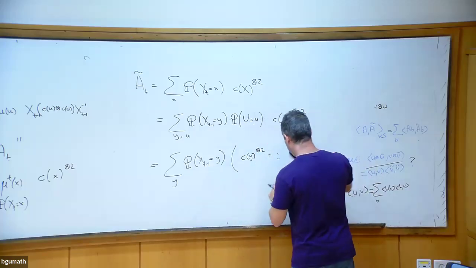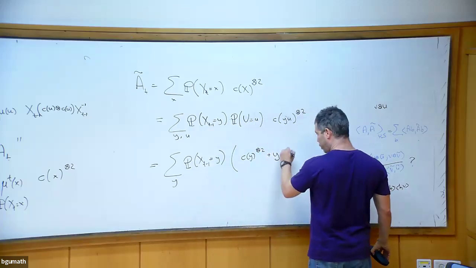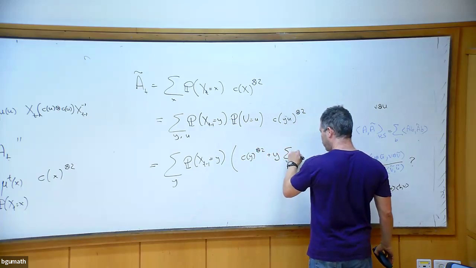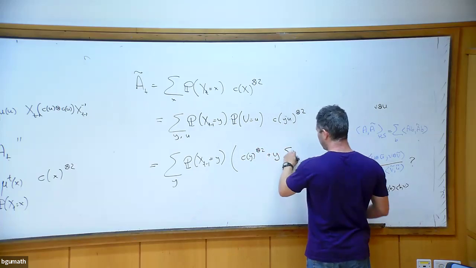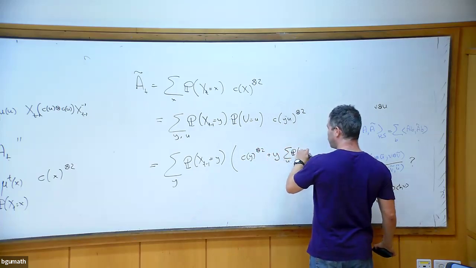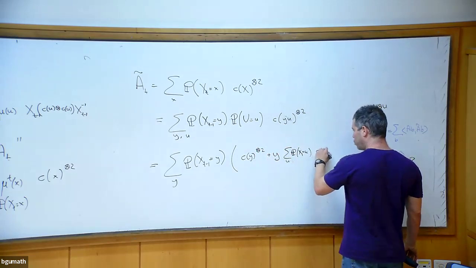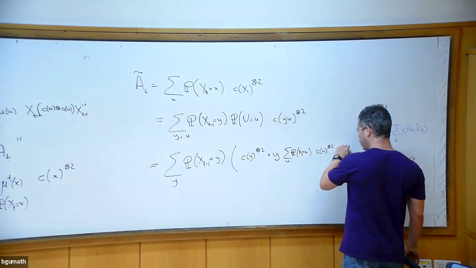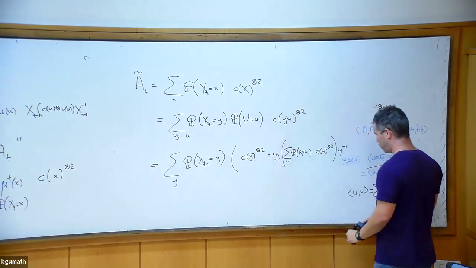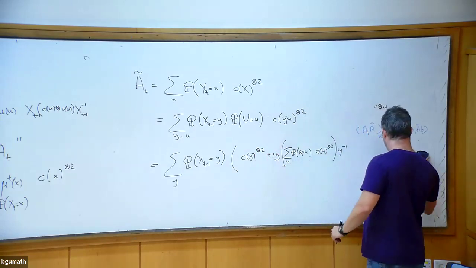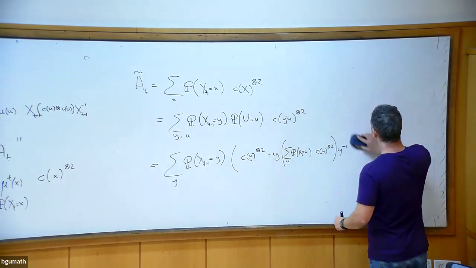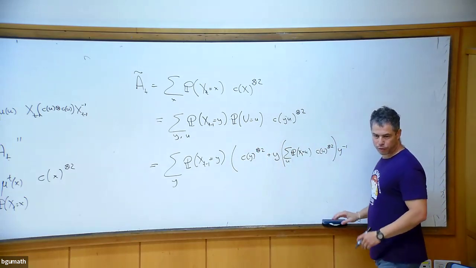I need the average, I have to be careful. So it's y conjugating the sum over u of the probability that x_1 is u, and then we have c of u squared, and then y minus 1. So all of this is inside the conjugation, because I brought the sum over u into the linear operator.